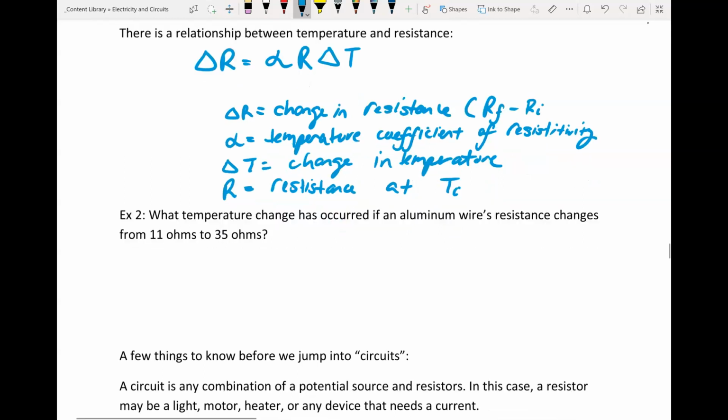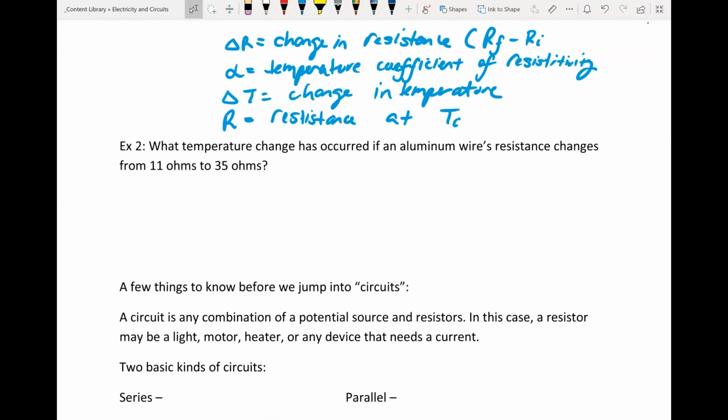So let's try to apply this in an actual question. What temperature change has occurred if an aluminum wire's resistance changes from 11 ohms to 35 ohms? Again, the information that seems to be missing in this question, which usually should be given to you, is the temperature coefficient of resistivity for aluminum wire, and that should be 0.0039. Okay, so we're looking for the temperature change, which is delta T. I need all the other information.